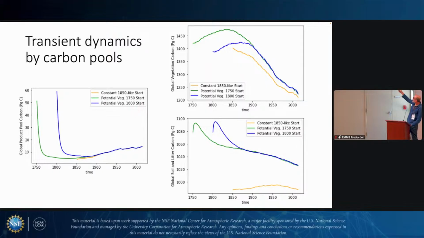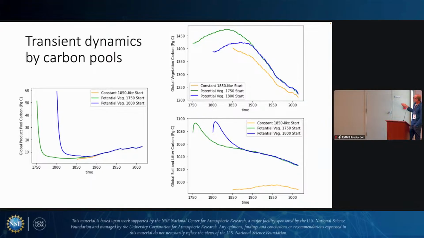For the vegetation carbon, between the cases, again, it takes about 100 years for the blue line and the green line to reconnect after the start of the blue line. But then the yellow line and the green line, so the constant 1850 case, and then the early deforestation and subsequent transient case, follow each other pretty closely.